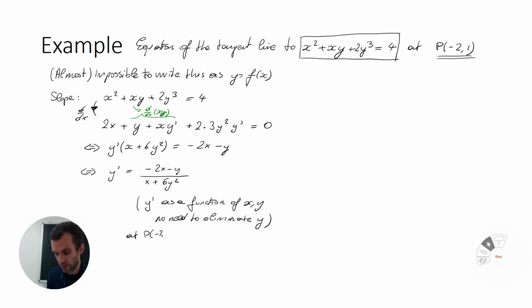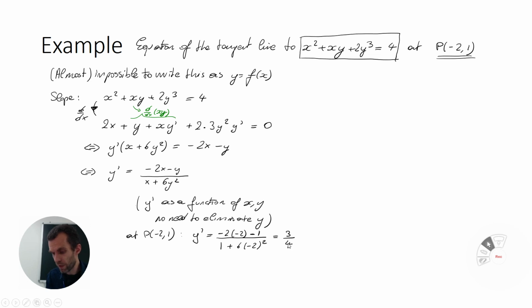So at P, minus 2, 1, I can just plug in the values that I'm given. So I get minus 2 times minus 2 minus 1, over minus 2 plus 6 times 1 squared. And if you calculate that and you simplify it a little bit, you get 3 over 4. So we get the slope, y prime is 3 over 4.